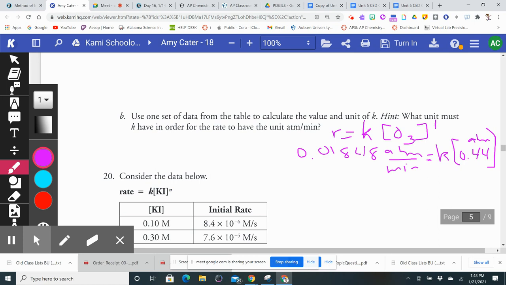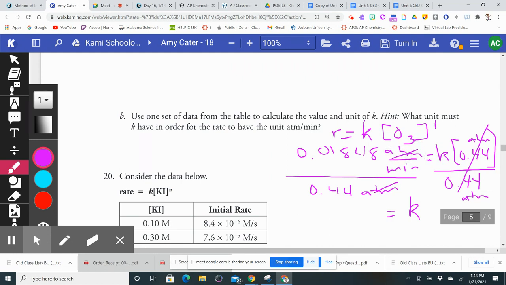Anything raised to the first power is that thing, so all I'm going to do is divide both sides by 0.44 atmospheres. Atmospheres will cancel with atmospheres, so I will be left with minutes to the minus 1.